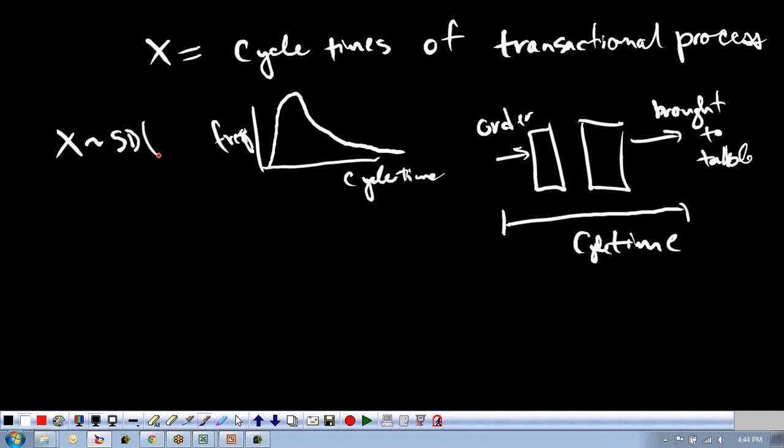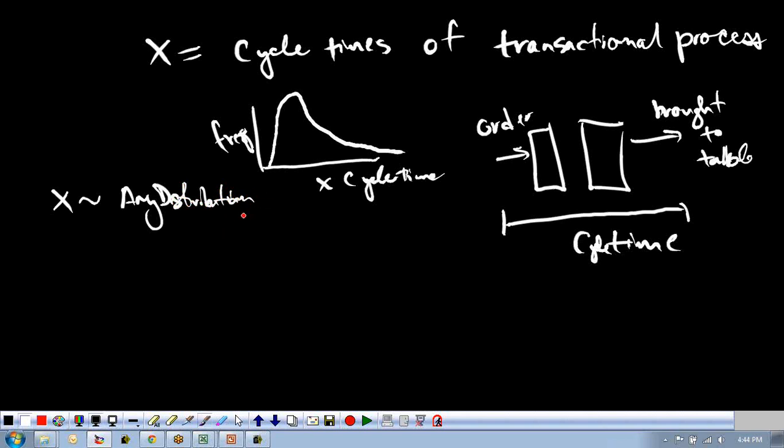Let's say that this is X, and that X was any distribution. It has some unknown mu, unknown average, and unknown standard deviation. But it looks like this.